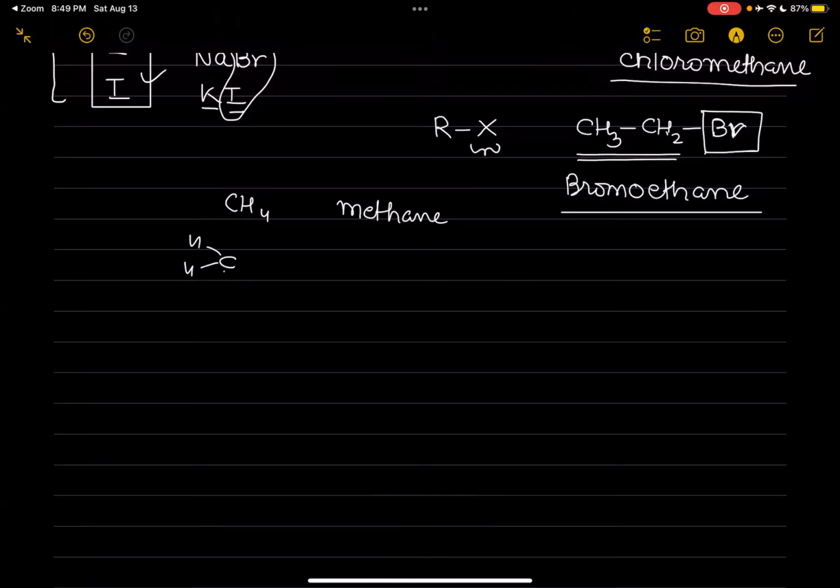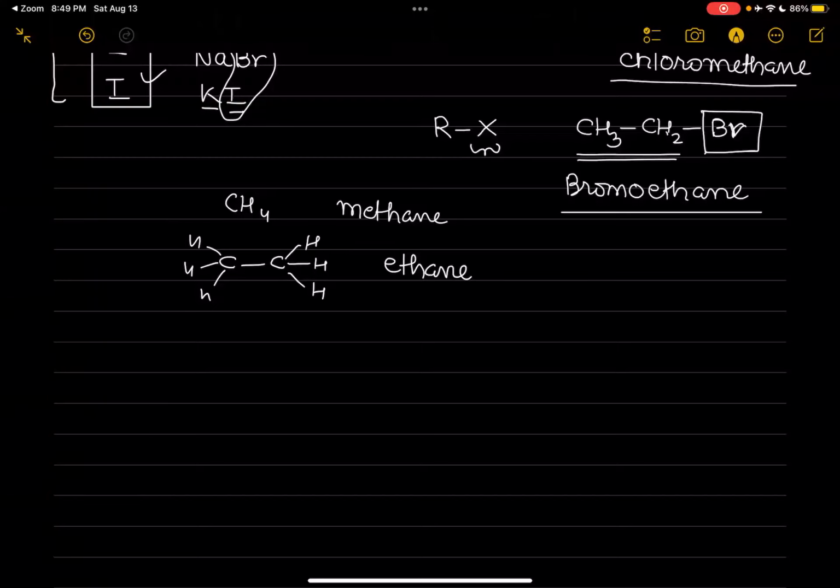So accordingly, put the number of hydrogen atoms. So always keep in mind that the total number of bonds, including those between the carbon and with the hydrogen or with the halogen, should not be more than 4 on any of the carbon atoms. This is ethane.